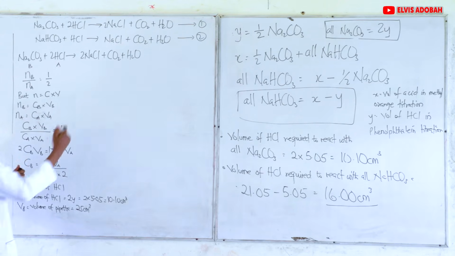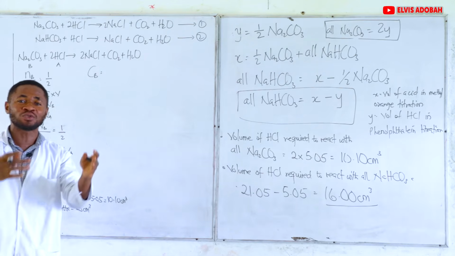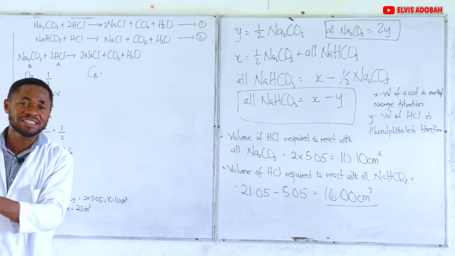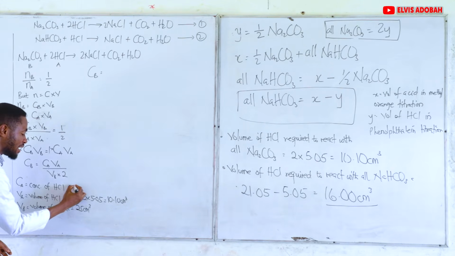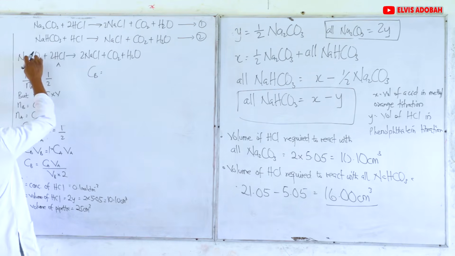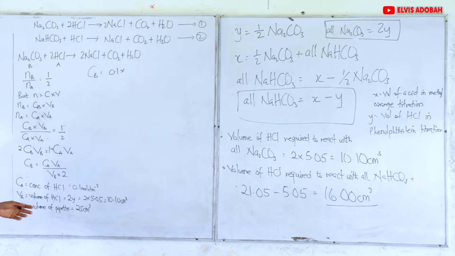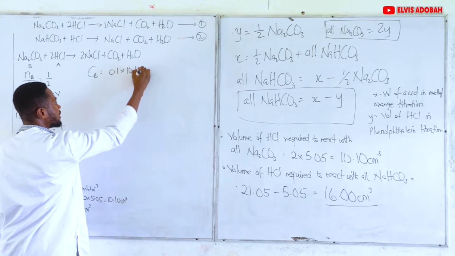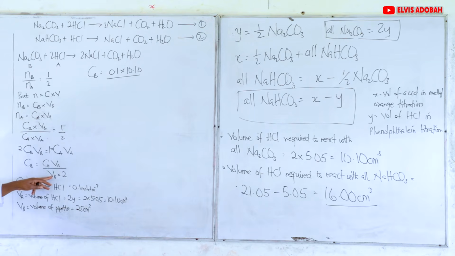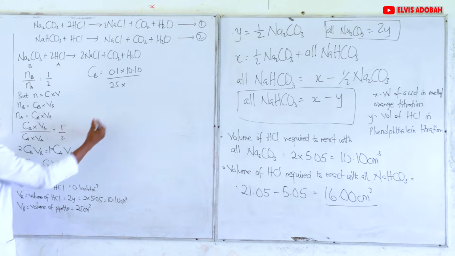So our concentration of B now becomes concentration of HCl. Now, before we perform the titration, I said we are using 0.1 mole per decimeter cube HCl. So the concentration of HCl is 0.1 mole per decimeter cube. So our concentration of sodium carbonate becomes concentration of A, which we know to be 0.1 from our question, times volume of A, which we have as 10.10, divided by volume of B, which we know as volume of the pipette, 25, times 2.